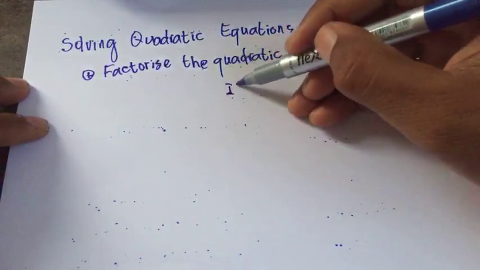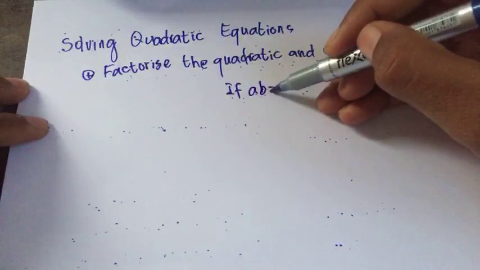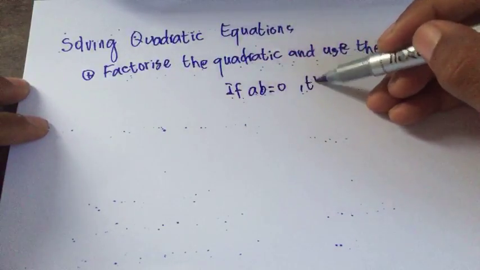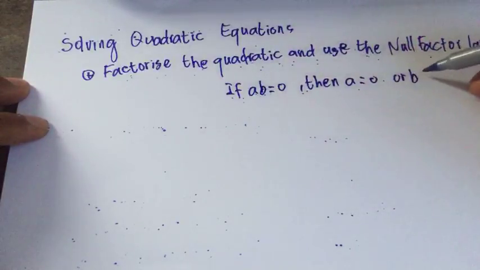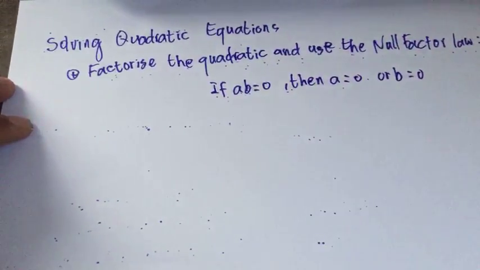It means that if ab equal to 0, then a equal to 0 or b equal to 0.